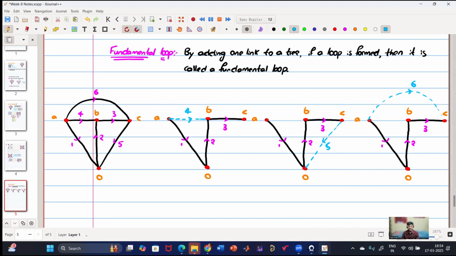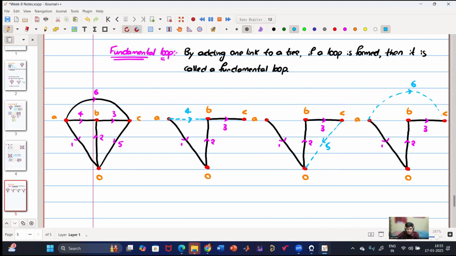Agree? Just by adding one link, because there are three links. I'm adding one link in each of these, and all three loops that are formed are called fundamental loops. Agree? Or any confusion? Yes, sir.